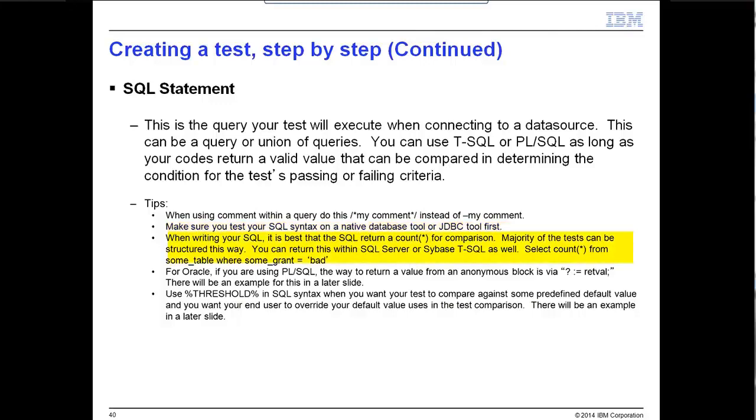Okay, and it said here that when you write this SQL, the best way to do it is to write it in a way that your SQL returns some number that you can compare, 1, 0, 2, 4, or some number. It's much easier for comparison, and for the most part, I believe every one of your tests can be structured in that way.